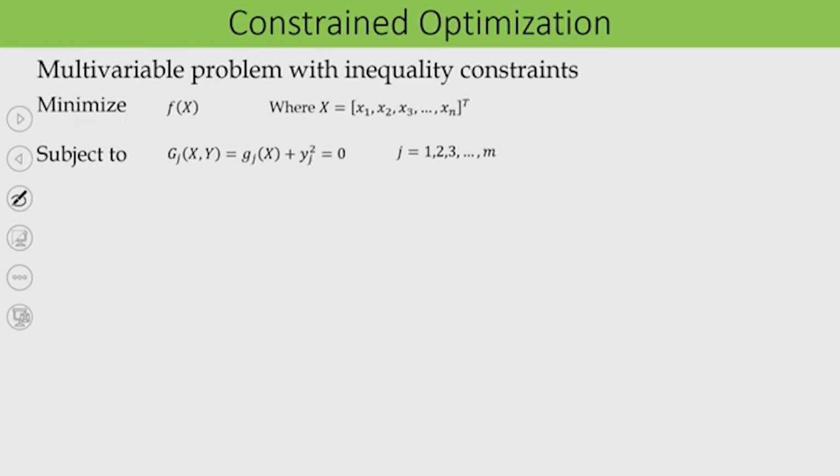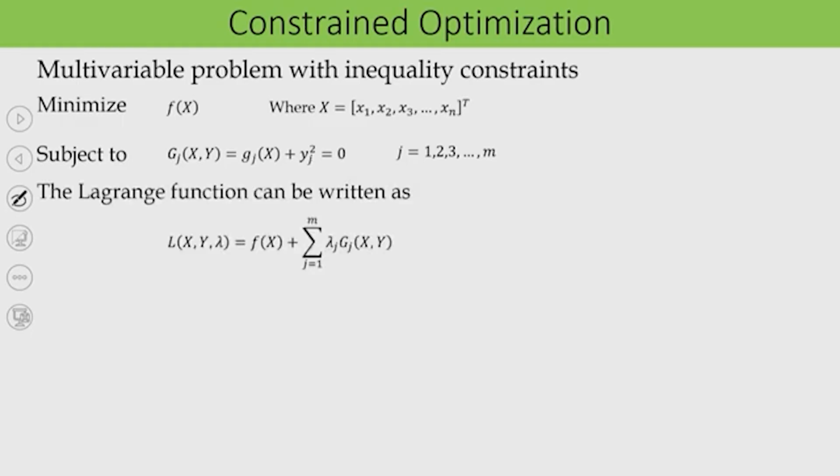So, the problem is: minimize f(x) subject to Z_j(x, y), a function of x and y, which is small g_j(x) plus y_j square, where j is 1 to m and we have n variables here. Now, let us write the Lagrange function, which we discussed in the last class.